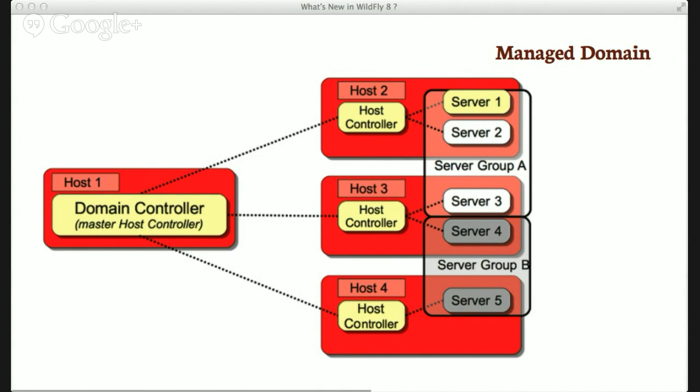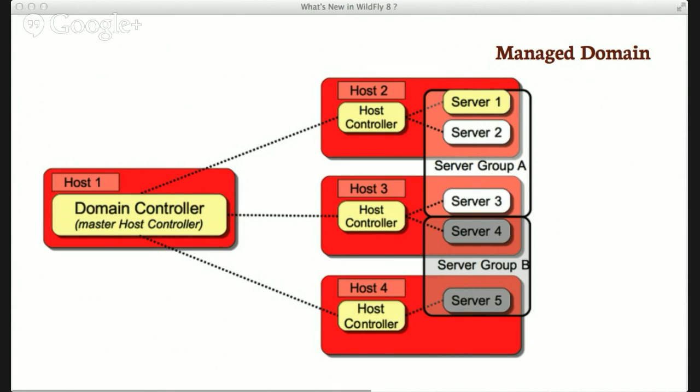The domain controller and host controller ensure that all the servers in a server group have a consistent configuration. So if you deploy an application to a server group, all the servers in the group will have the application deployed or none will.